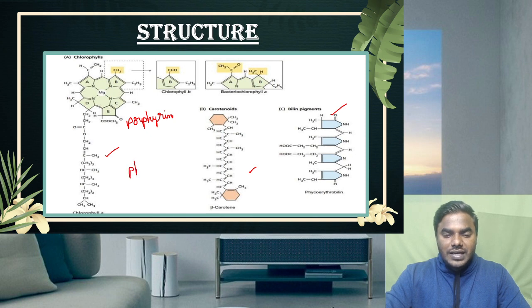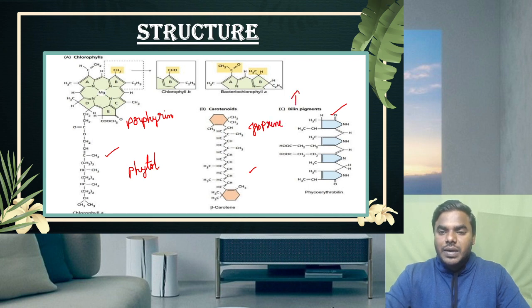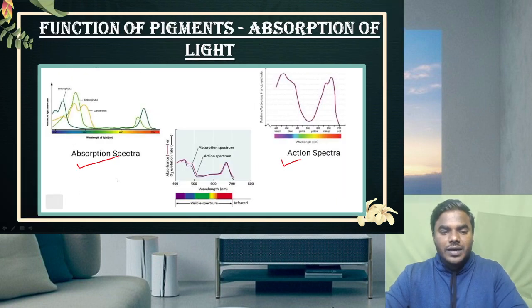I explained exactly what the porphyrin head and phytol chain are. Carotenoid is made of isoprene units. And the bilin pigment is a linear tetrapyrrole. So friends, we discussed these three pigments, and we stopped exactly at this particular slide.